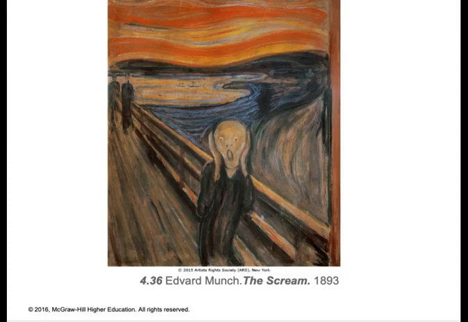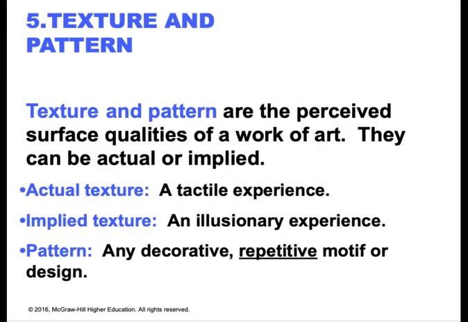Okay, now we are ready for our final, I think it's our final element of art, which is texture. And they lump pattern in this as well, but we won't focus on pattern quite as much.